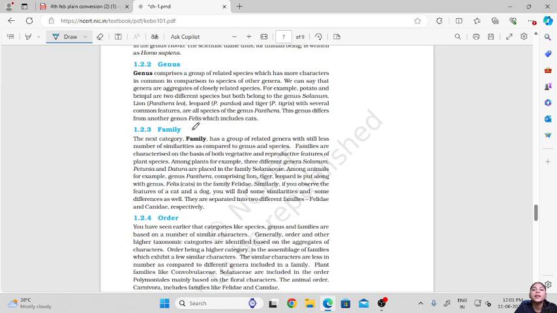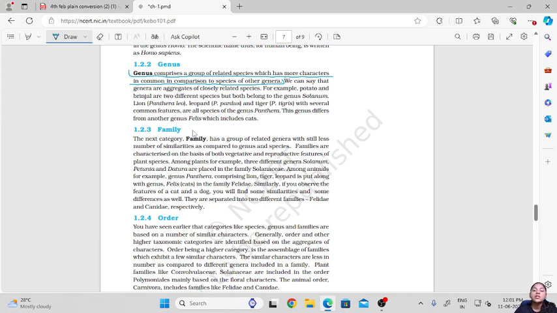Then the second category which we have is genus. Genus comprises a group of related species which has more characters in common in comparison to species of other genera.